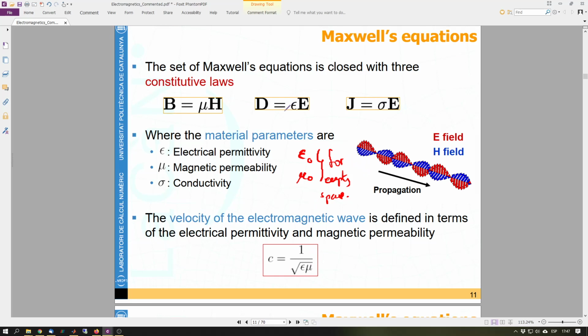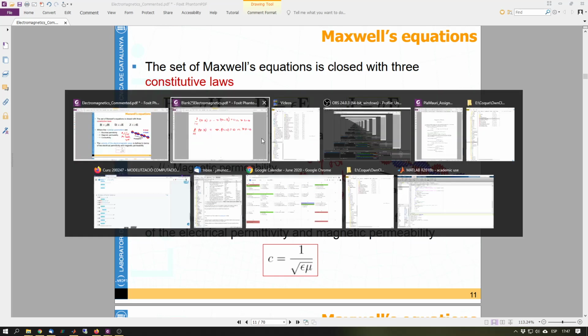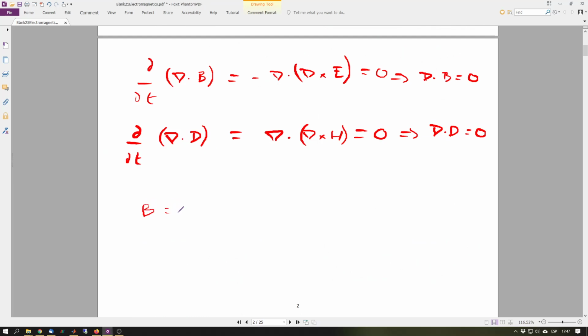So with these relations in our Maxwell equations, B is the permeability multiplying the field, and the same for the electrical field with the permittivity.